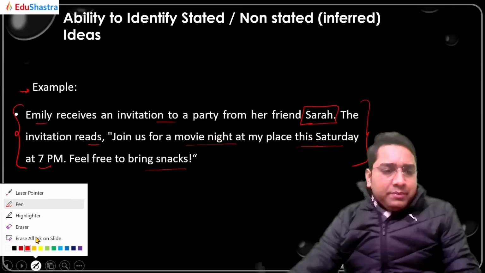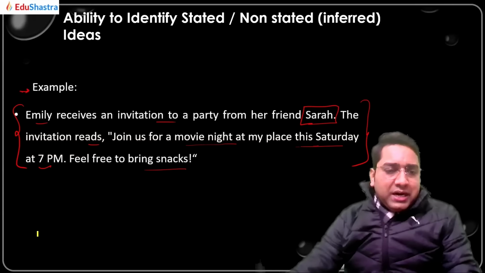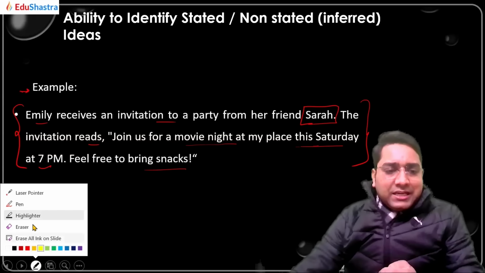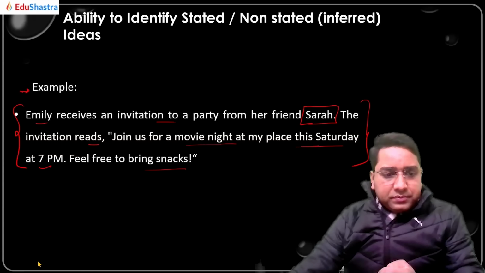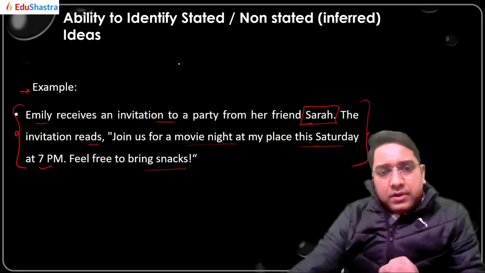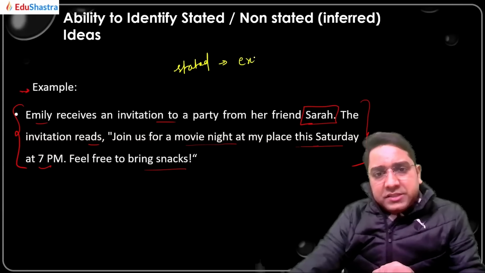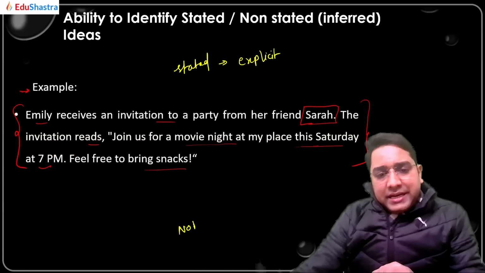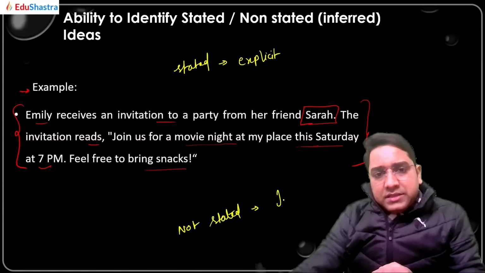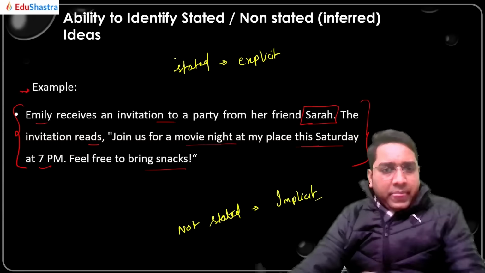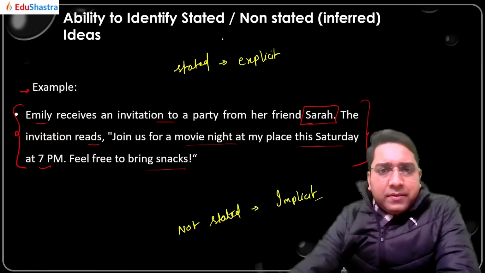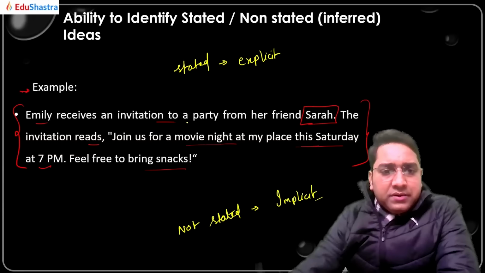Can you please tell me what are the things which are mentioned here? Stated means explicit, right? If something is stated, it is explicit. If something is not stated, it means implicit, correct? So what is clearly given there? What is clearly mentioned?